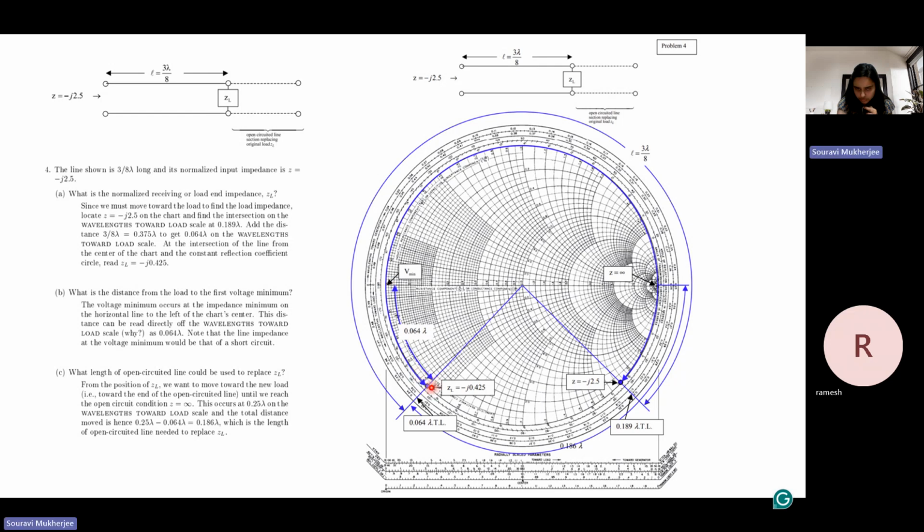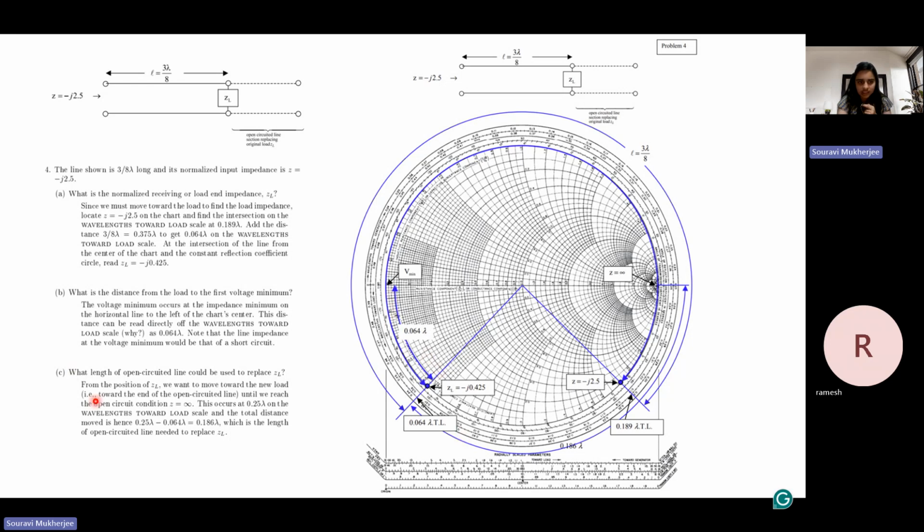This is given as 0.064 on the wavelength towards load scale. So if this is 0, this is 0.064 lambda, and that's the distance. That's your answer. This is your zero line, and there you have your minimum voltage point. Just look at the difference in distance on the wavelength towards load scale.